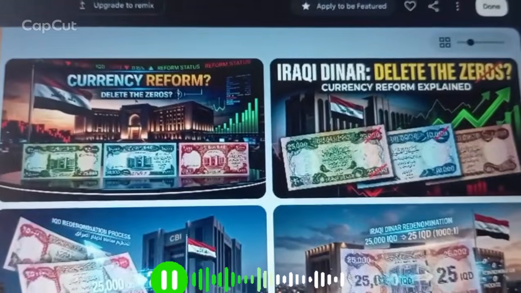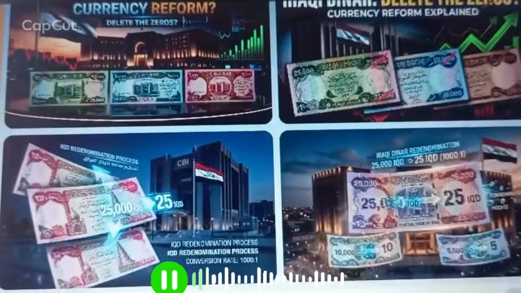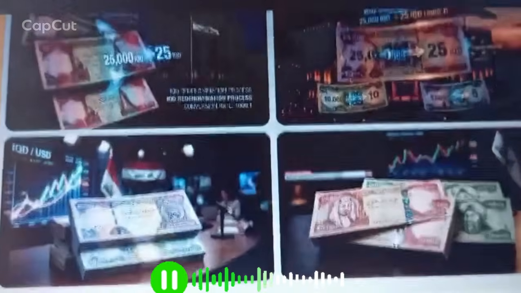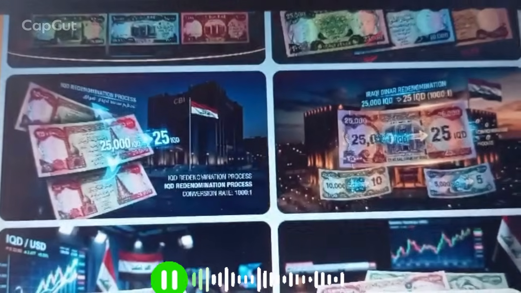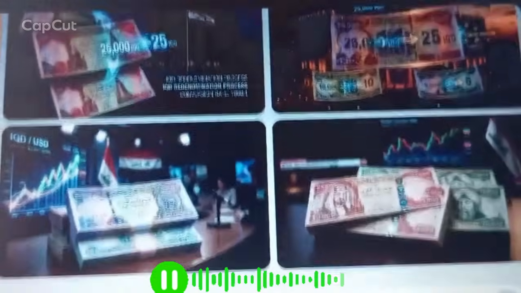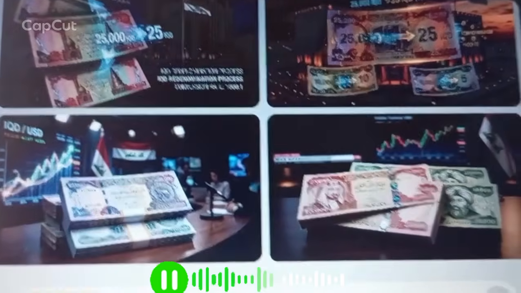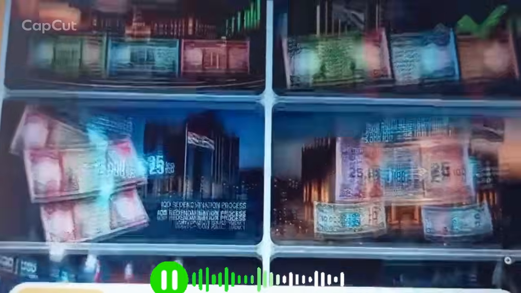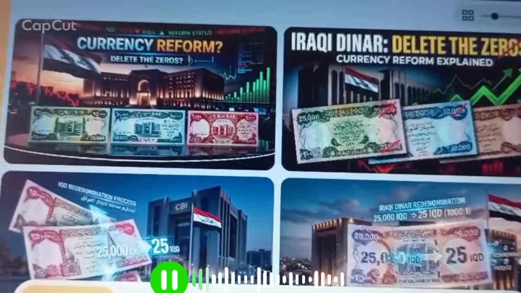During such a transition, old and new notes could potentially circulate together. Banks could exchange old notes for new notes according to the officially announced conversion ratio. Businesses could display prices in both old and new units for a period of time. Government agencies would need to update accounting systems, salaries, taxes, pensions, contracts, invoices, and financial databases.